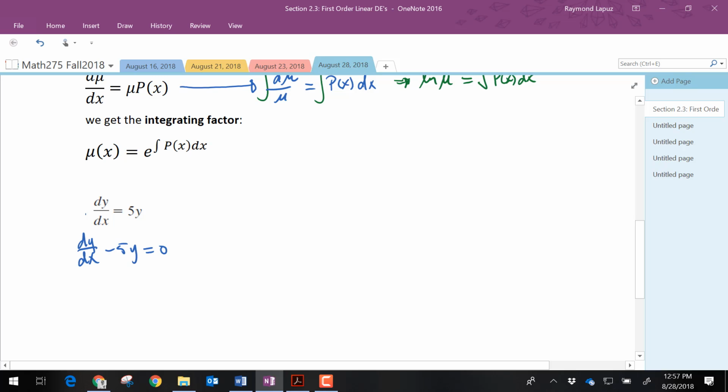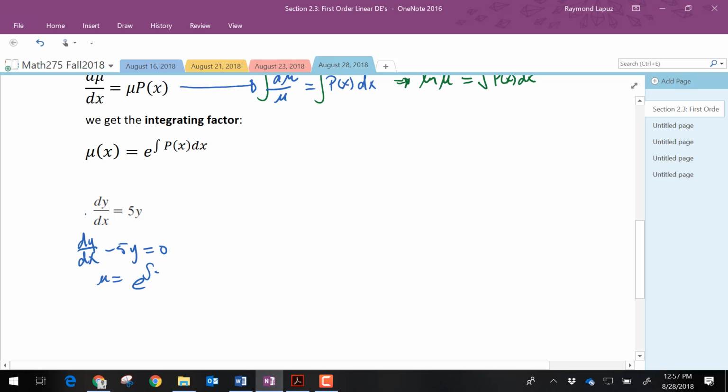So the integrating factor, we can do all the steps from scratch, but a lot of times people just kind of refer to this integrating factor. So if you just remember or memorize it, your integrating factor is going to be e raised to the integral of, what's p in this case? -5.